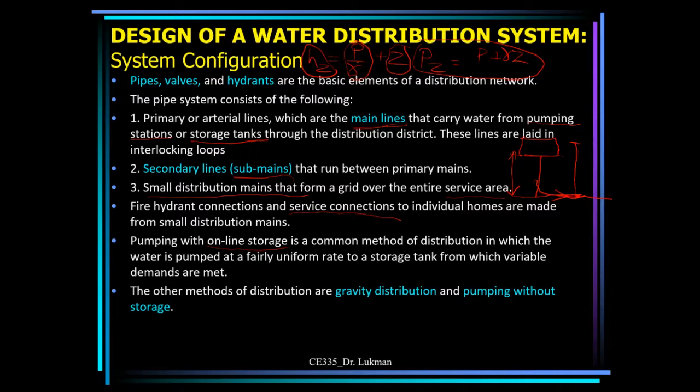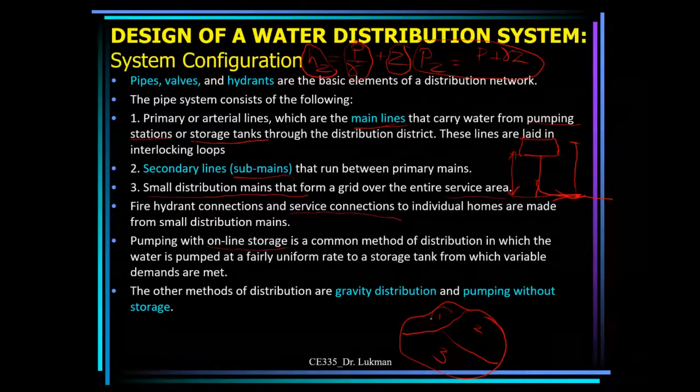For instance, let's say this is the area, and we divide it into 3 zones: zone 1, zone 2, zone 3. Today you pump into the distribution network of zone 1, tomorrow you pump for zone 2, and the day after tomorrow you pump into zone 3.